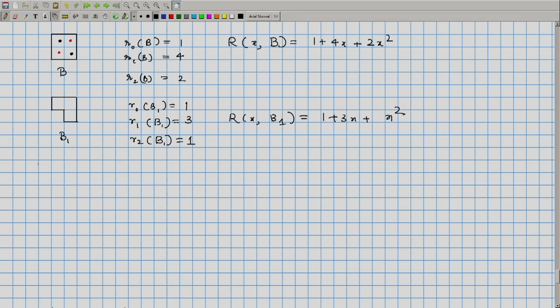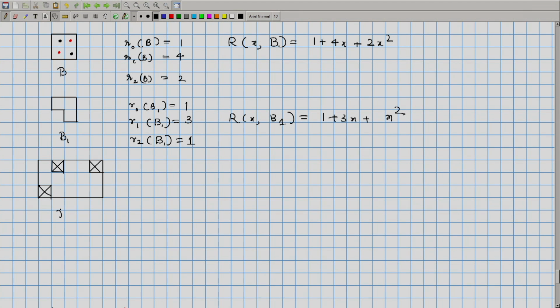Let us say we have a board. We will just think of this as an n cross m board in which certain positions are marked as not allowed. These are the non-allowed positions, and all the other positions are the allowed positions.